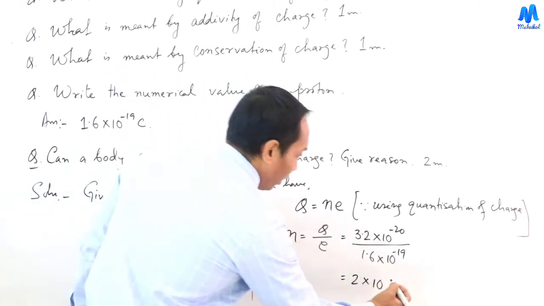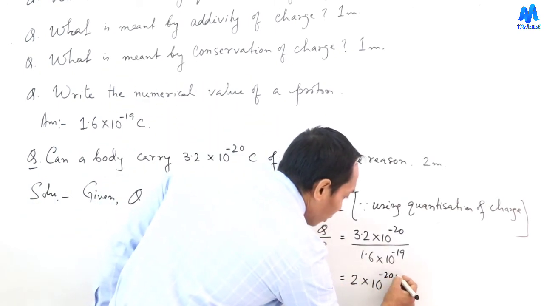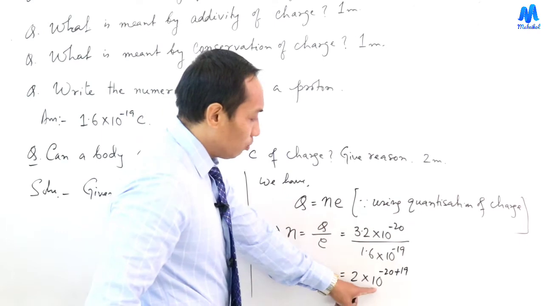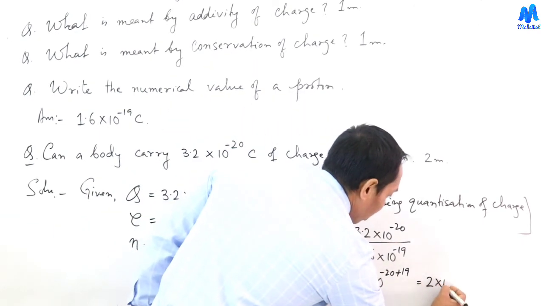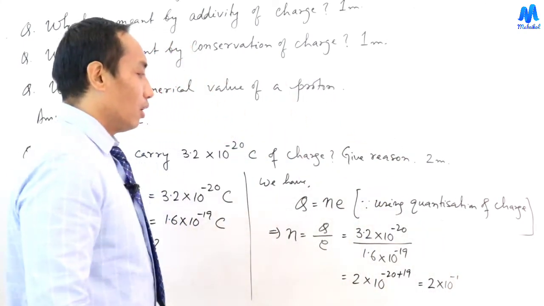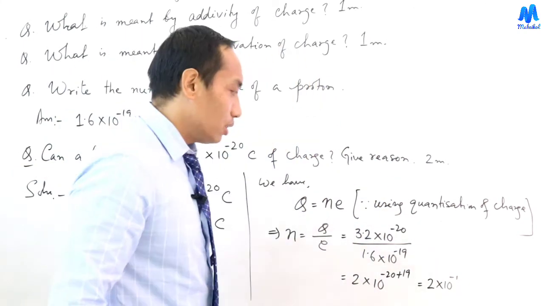Then you'll get 2 into 10 to the power minus 1, which is 0.2.